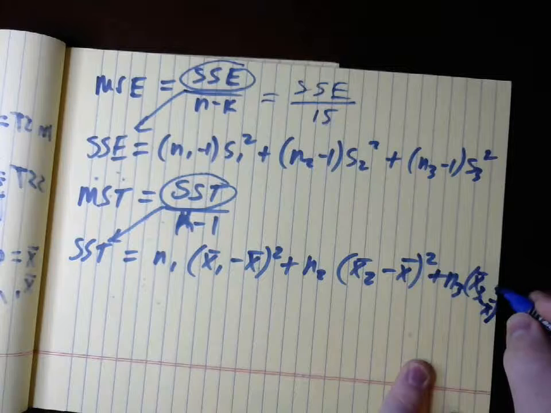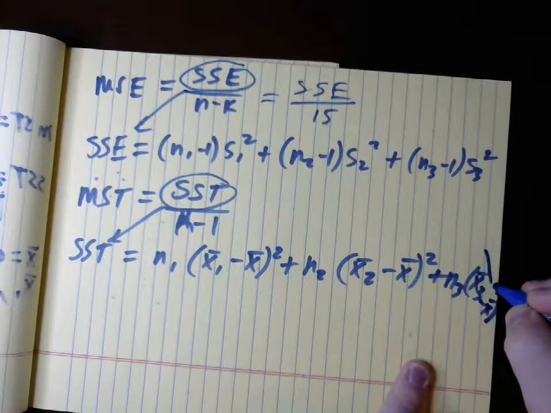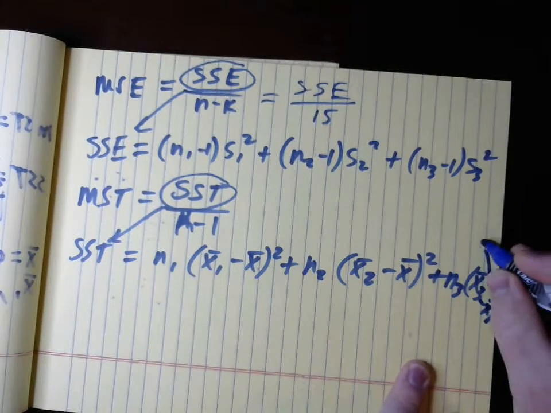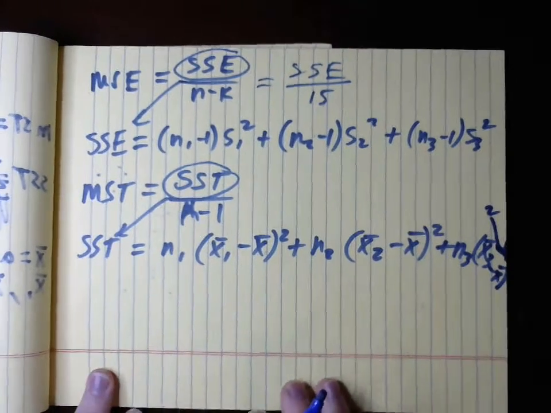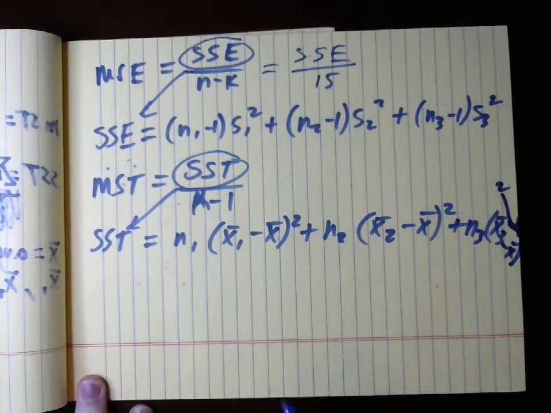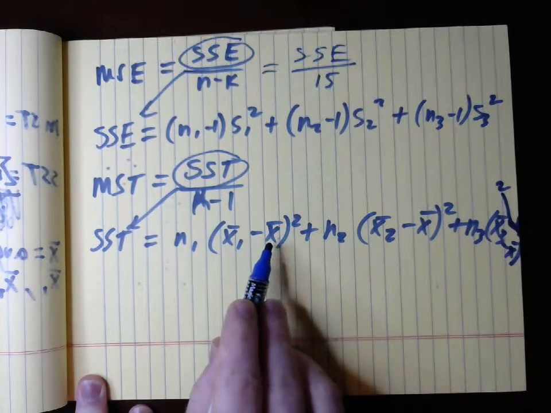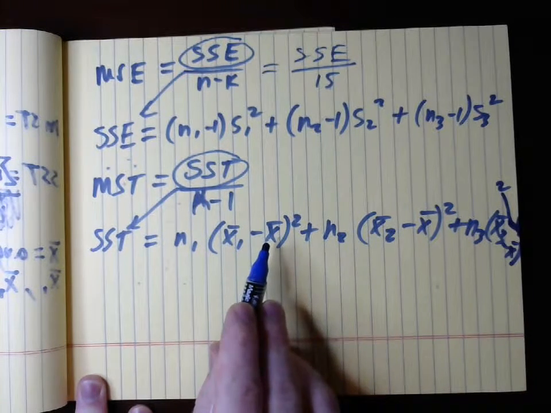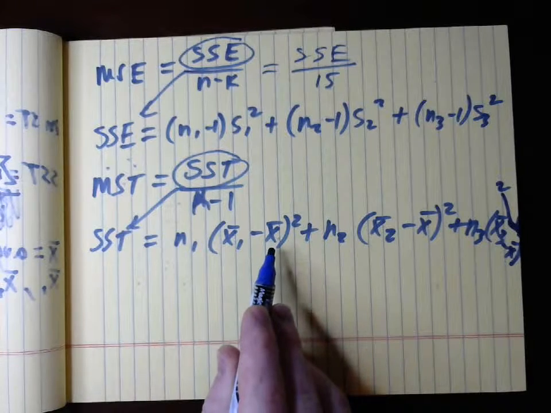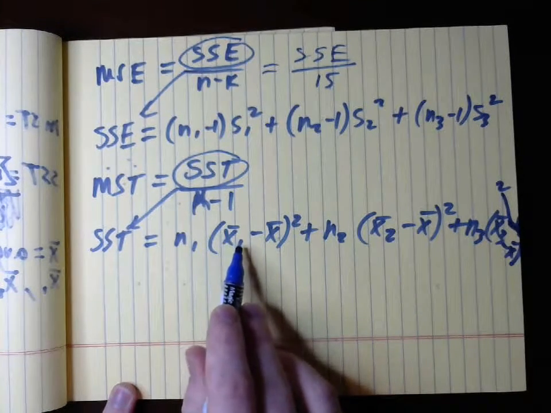I'll put a 2. We would want to square that. Anyways, couldn't quite fit it on there. And remember the x bar is the average of all the values, everything you calculate, all 18 values in this example. And x bar 1 is the sample mean.